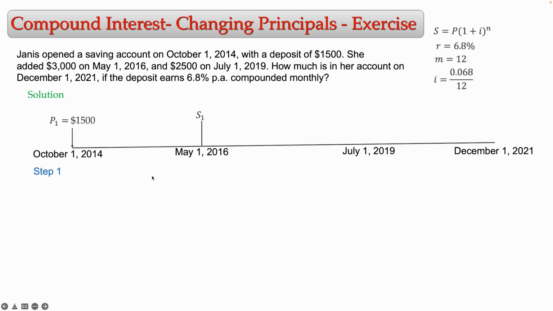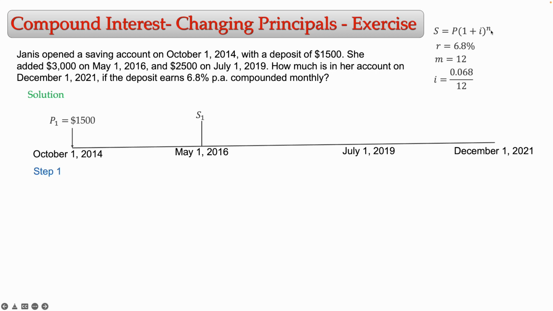So let's solve this. Of course, to compute this future value, we are going to use the formula of the future value. In the formula, we have the principal, 1,500. We need i, and we have i, that is 0.068 over 12, but we don't have n, the number of periods.